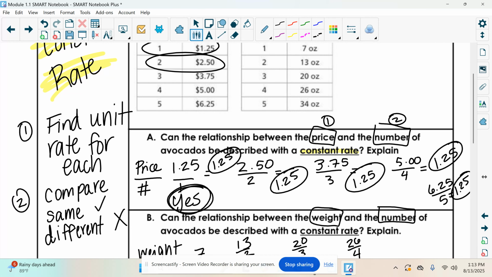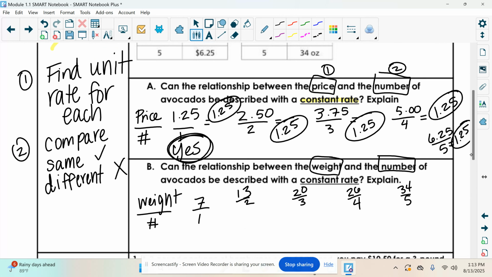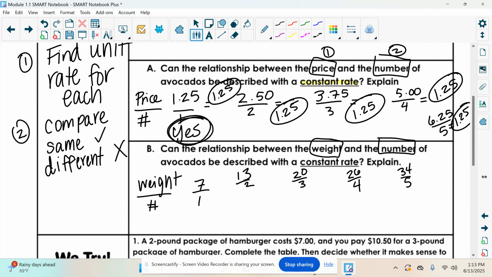And, okay, Corey, do 34 over 5. All right, Lane, what'd you get? 7. Jeremiah, what'd you get? 13 over 2. And if you hit those double arrows, what do you get? To change it to a decimal.